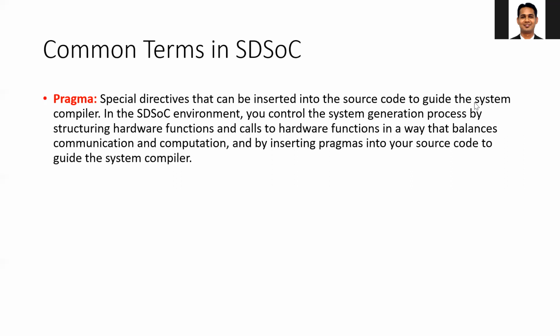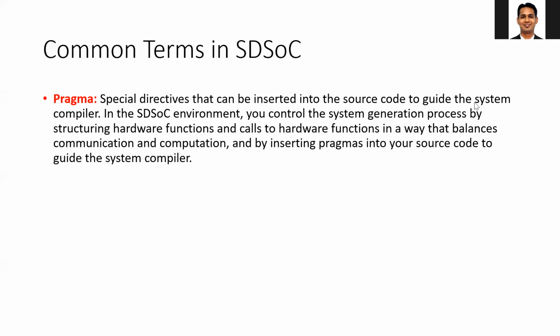When you execute the corresponding function in software, you can see that your data communication time is very small and your data execution time is large. But when you process something in the hardware, you need to take care of the data communication time from the software to hardware and back, as well as the data execution time in the hardware. That's why you need to take care of both things when you move something to the hardware.